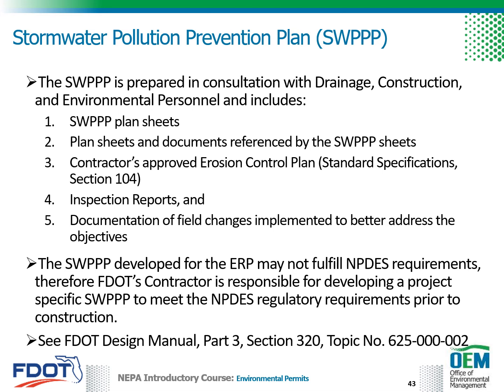The SWPPP developed for the Environmental Resources Permit may not fulfill NPDES requirements. Therefore, FDOT's contractor is responsible for developing a project-specific SWPPP to meet the NPDES regulatory requirements prior to construction. To learn more, see FDOT's Design Manual, Part 3, Section 320.